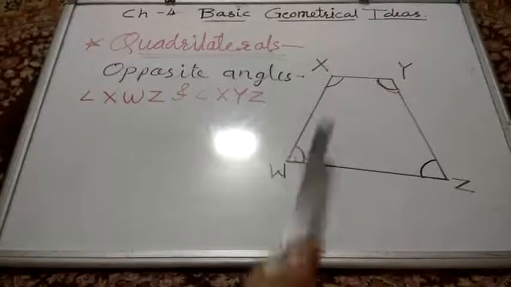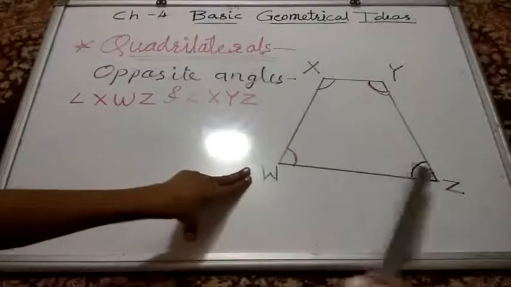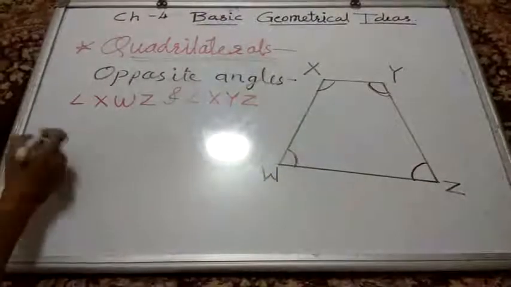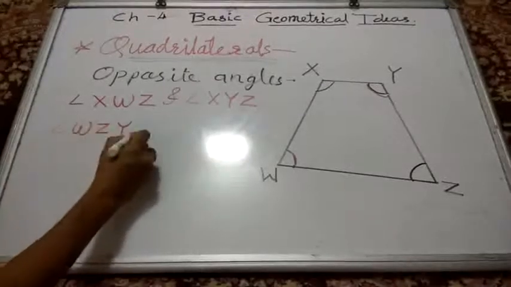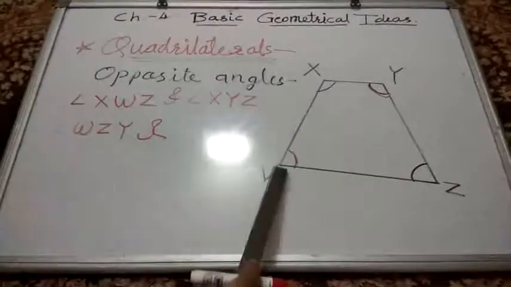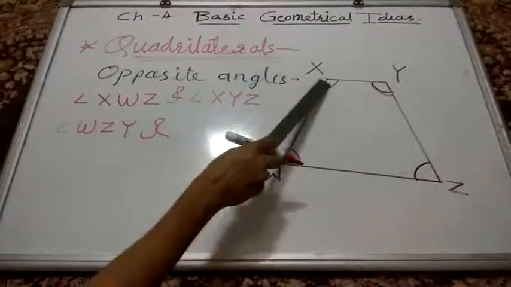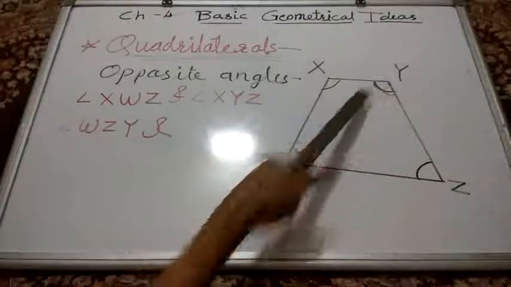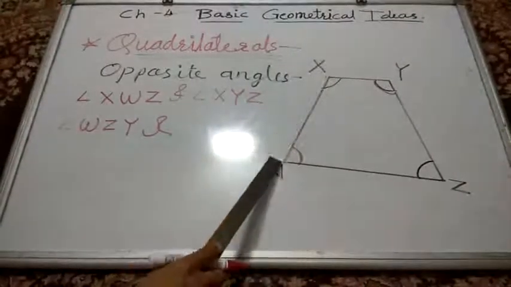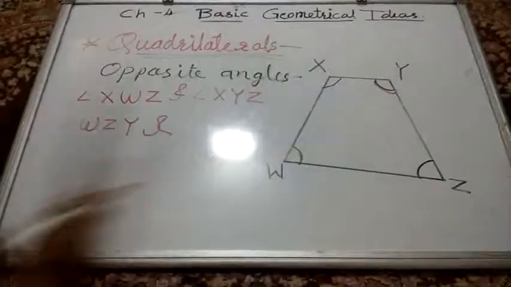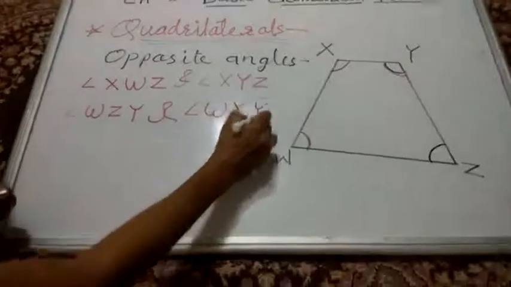Now, which two are remaining? This one and this one. Let's write angle WZY. Which is the opposite angle of angle WZY? Exactly this one. So the opposite angle of angle WZY is angle WXY.